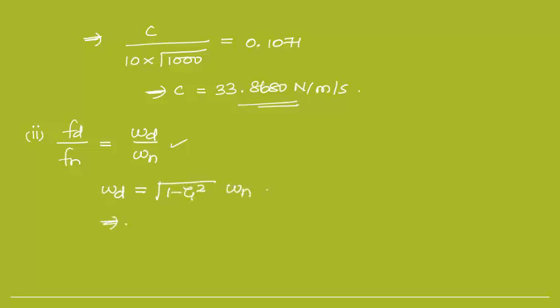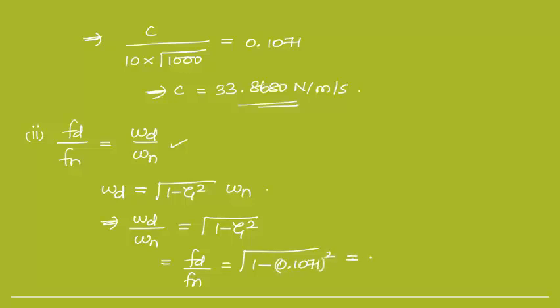So the ratio of omega d and omega n is root of 1 minus zeta square, which is equal to Fd by Fn. On substituting the value of zeta as 0.1071, we get the ratio of Fd and Fn as 0.9942.